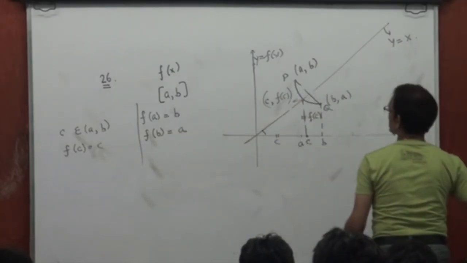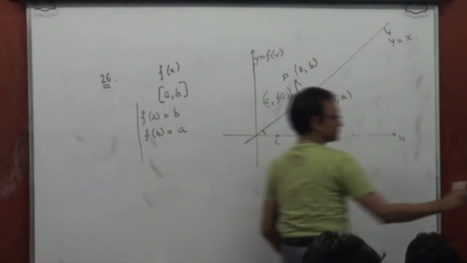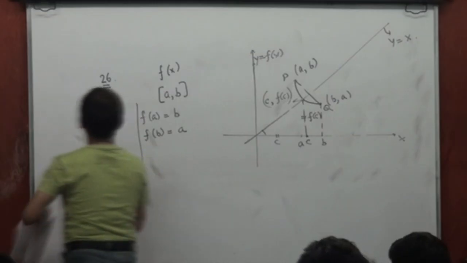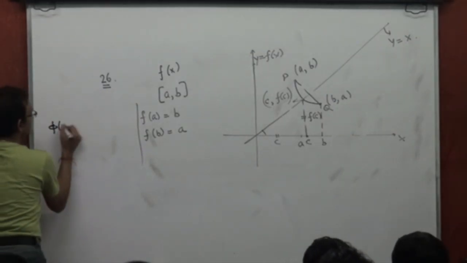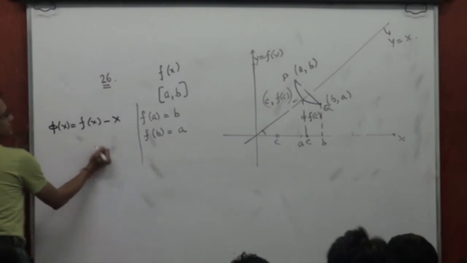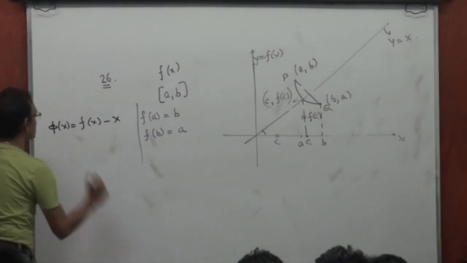The other way you can look at it is, construct a function phi(x) which is f(x) minus x.